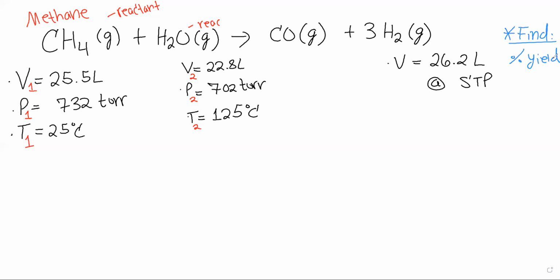So the problem seems kind of silly, like it defeats the purpose, because you may be thinking, wait, why do I want to calculate the amount of product, H2, if they tell us the amount of product? Well, again, if they tell you the amount of the third substance and amount of product, it must be an experimental or actual amount. So this given quantity is an experimental or actual yield.